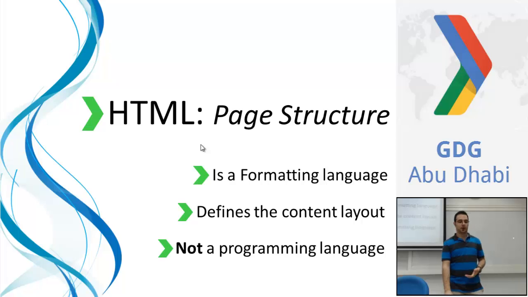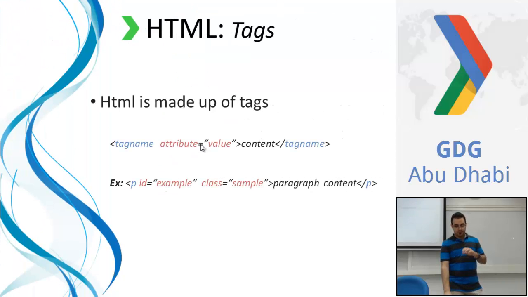It's based on XML. So the main idea behind HTML is tags, which, as you can see here, have the tag name, then attribute and value, and the content between these. So every tag has a start and an end, or an opening tag and a closing tag, with all its content in between, and it has attributes and values.